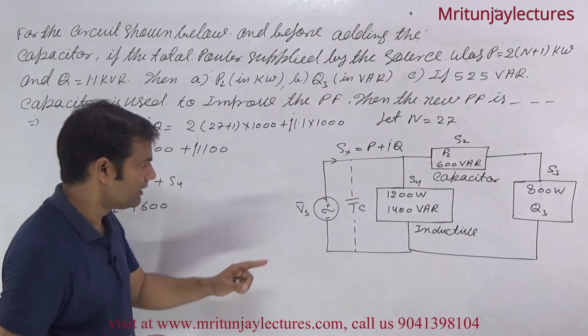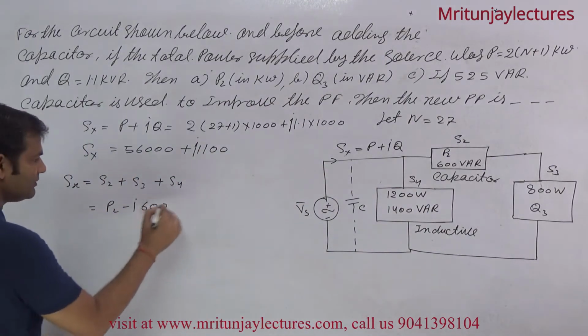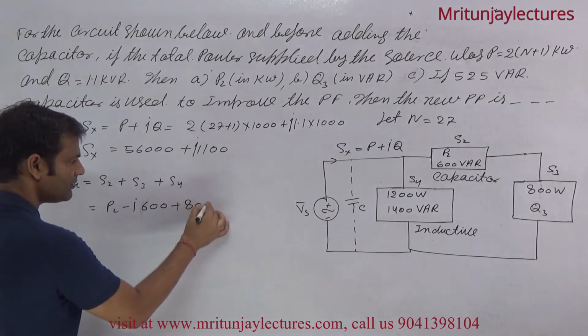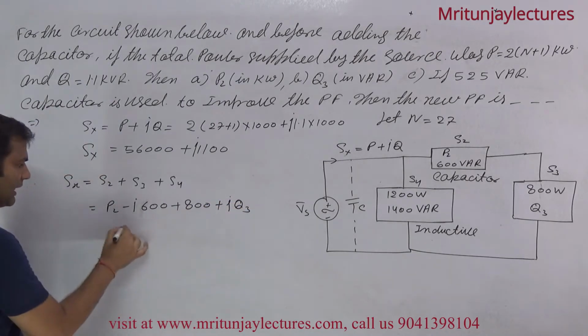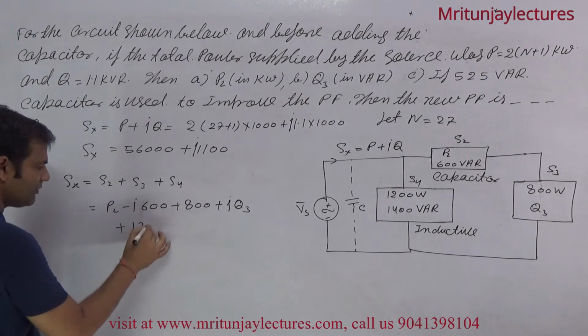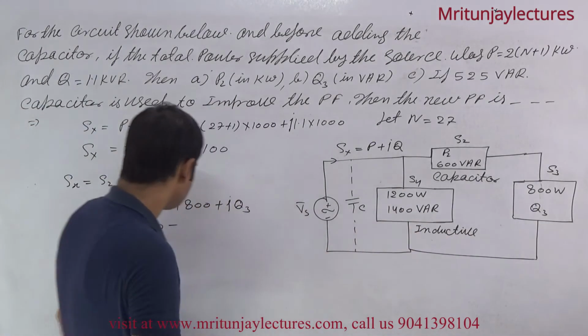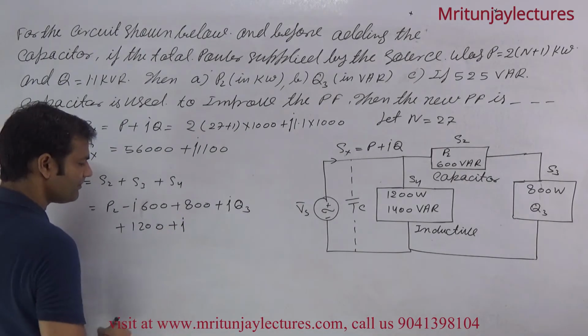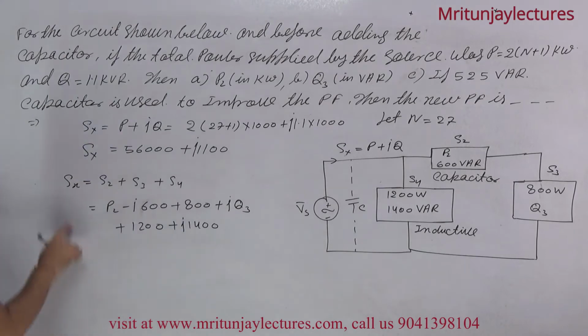And what about S3? S3 is 800 plus jQ3, since it is unknown. And S4 is 1200 plus j1400, because it is inductive.